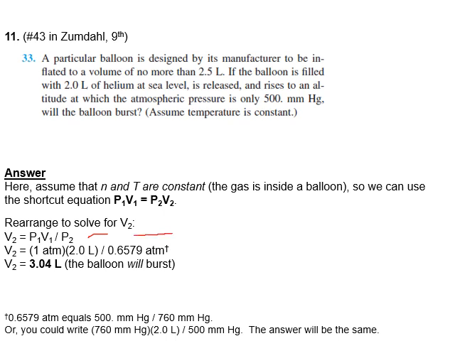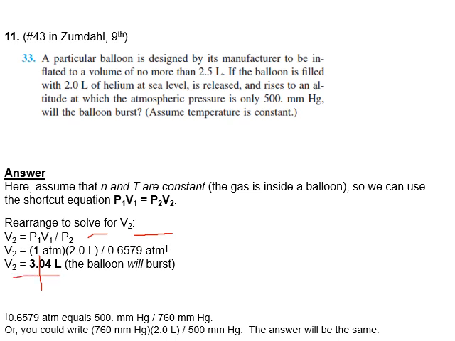You can just divide in terms of millimeters of mercury, because you're going to get the same answer. If you did it this way, you would have to change 1 atmosphere to 760 millimeters of mercury. You get the same answer, and V2, the final volume, is 3.04 liters.